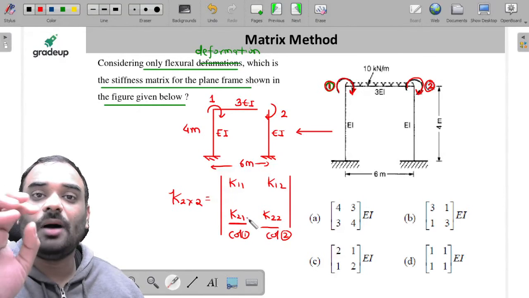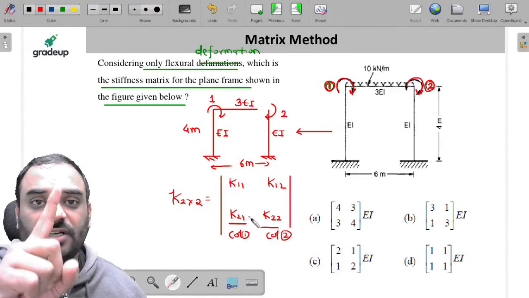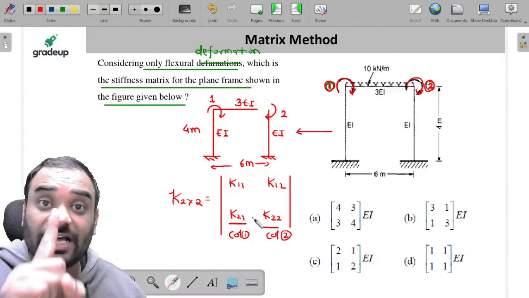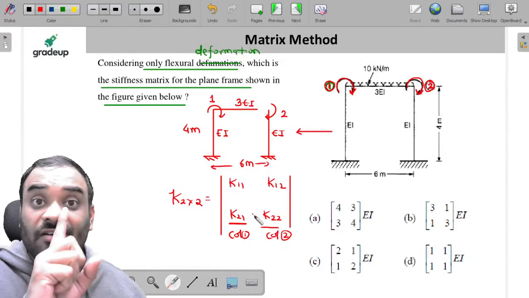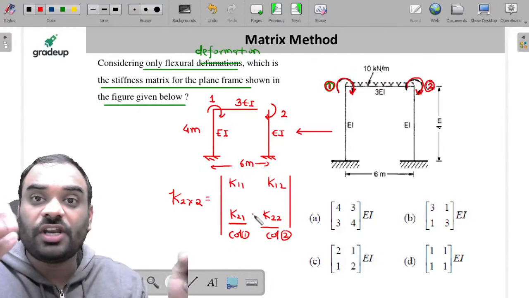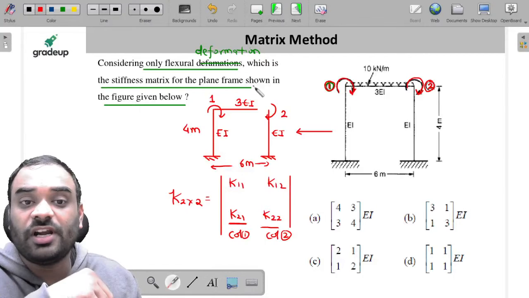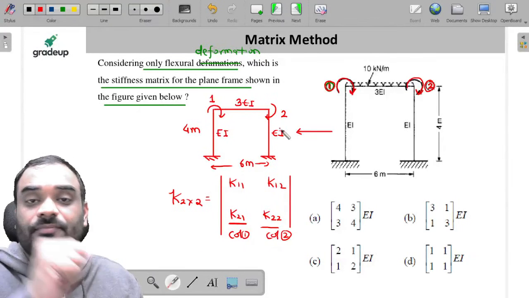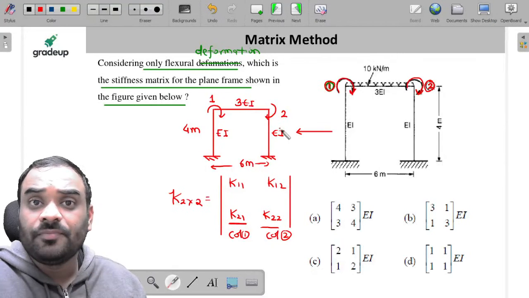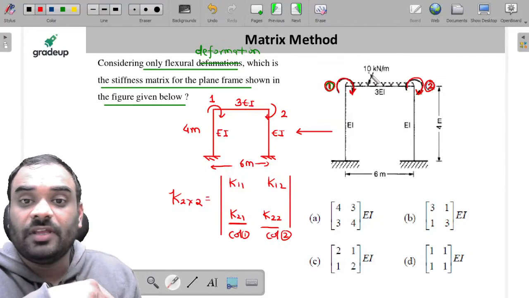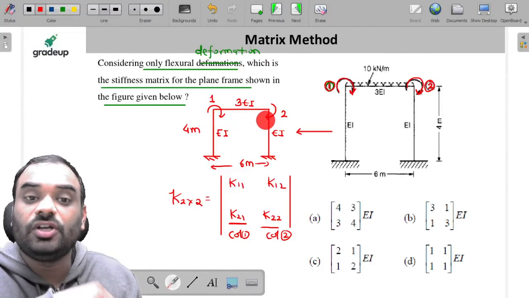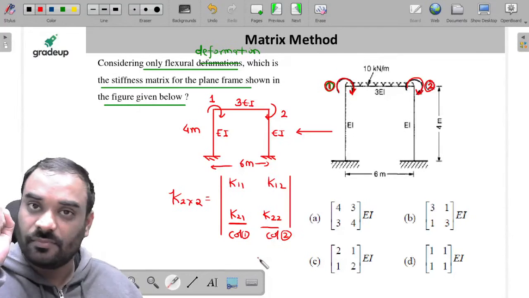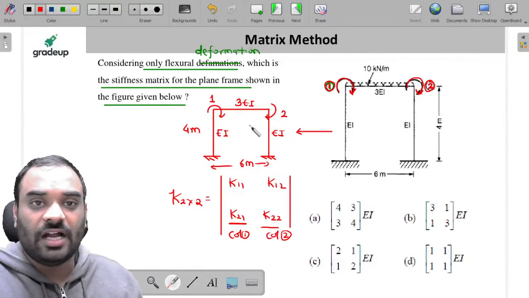So we have to apply unit rotation in direction 1 only, and restrain the other given coordinate direction. What is the other coordinate direction? It is 2. So we have to restrain it, which means fix it. And find the forces developed in direction 1 and direction 2. It means it is K11 and K21.